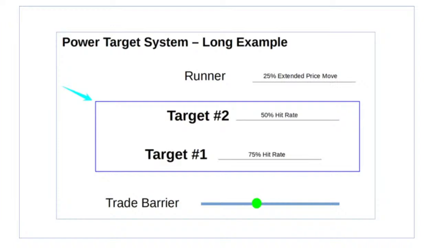So over the big series, we're going to see all kinds of variations on the follow through. We're going to see days where we blast through all the targets and we run. We're going to see days where we hit only target 2. We're going to see days where we only hit target 1. We're going to see days where we hit target 1 and target 2, and then the trailing stop takes us out later at maybe the midpoint between target 1 and target 2, you see.